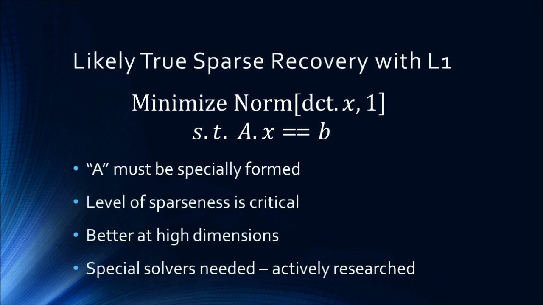So, it turns out the L1 norm, that sum of absolute values, is close enough most of the time to solve this system. This is where compressed sensing comes from.